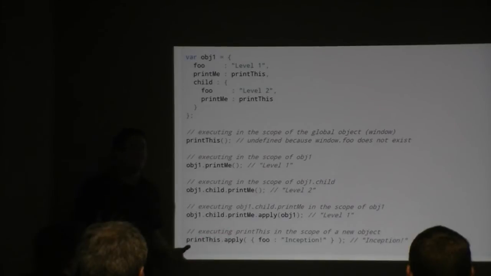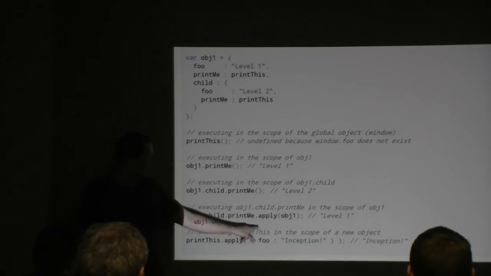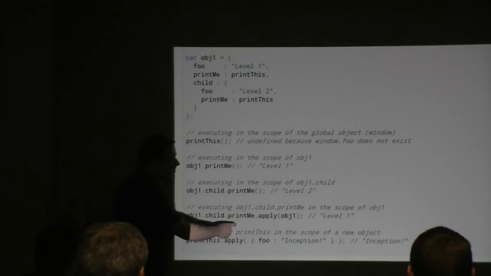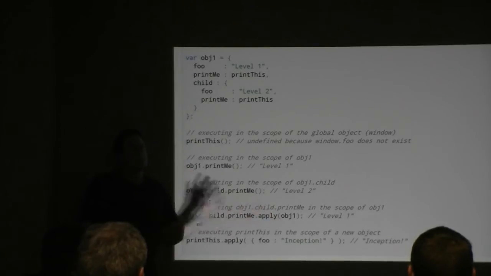Apply is a function that comes with every function object. Is that confusing? Yeah, a little bit. So what we're saying with this is take object1.child.printme and run this function within the context of object1. So this is the child's function, and we're saying execute it in the context of the top level object, and the value is level 1.